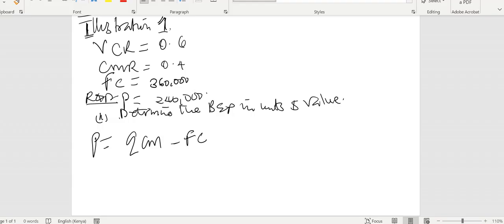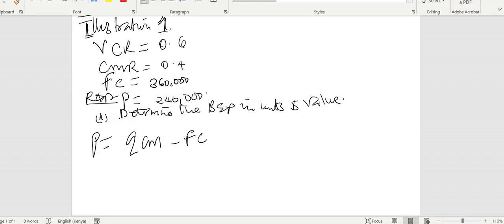If the contribution margin ratio is 0.4, so what is the contribution margin and not as a ratio? When you talk about a contribution margin ratio, we agreed that contribution margin ratio plus variable cost ratio should add up to 1.